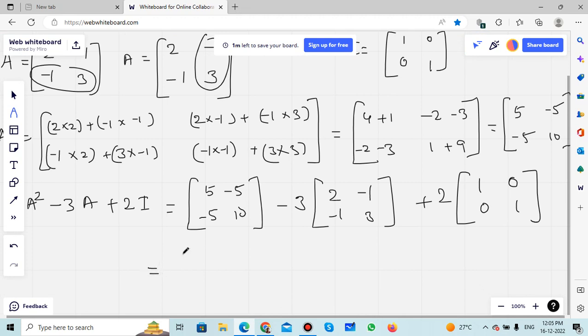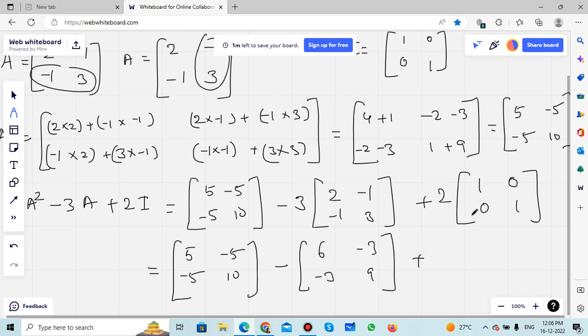This will give you 5 minus 5 minus 5 10. You have to solve this first. So minus 3 into 2 is 6. 3 into minus 1 is minus 3. 3 into minus 1 is minus 3. 3 into 3 is 9.